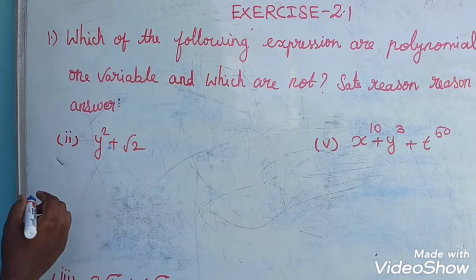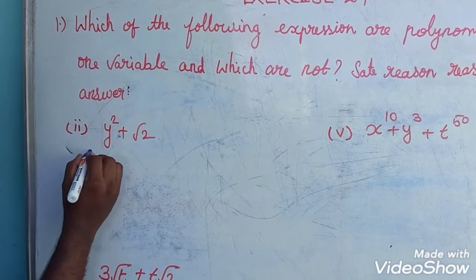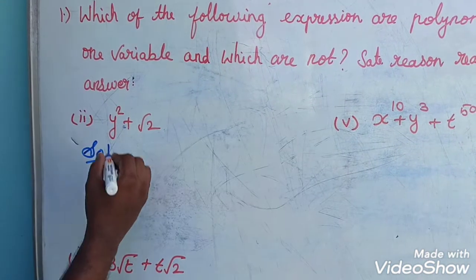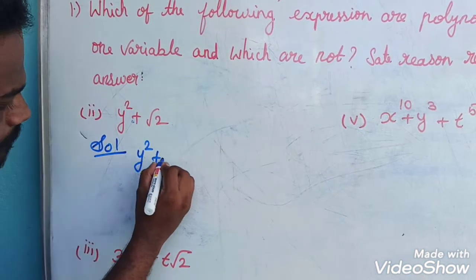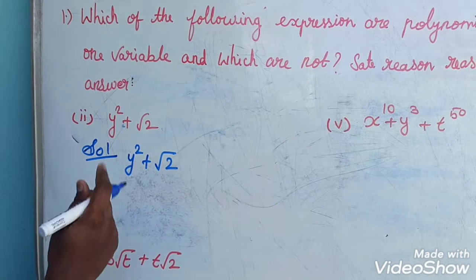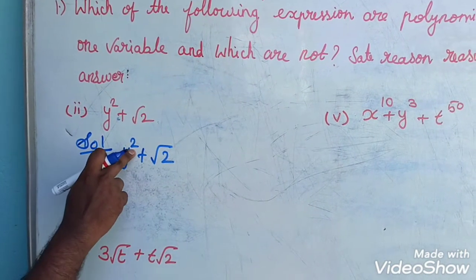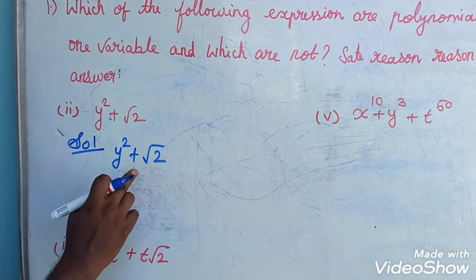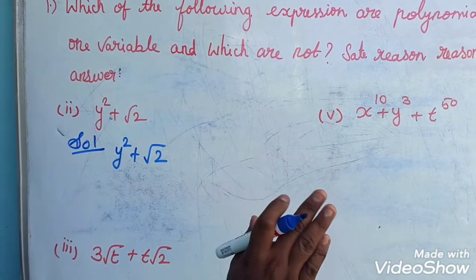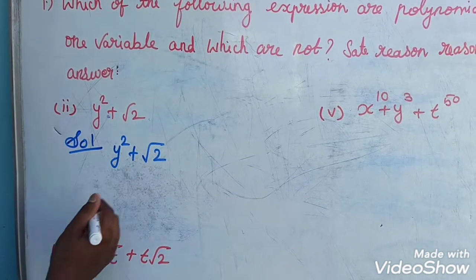So first question, do it as your homework. I will do the second question. So I take y square plus root 2. Here you observe the exponent of y is 2. So 2 is a whole number. We consider this expression as a polynomial with the variable y.